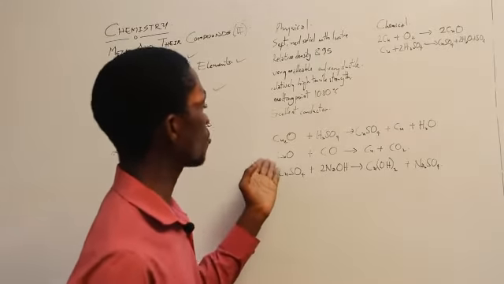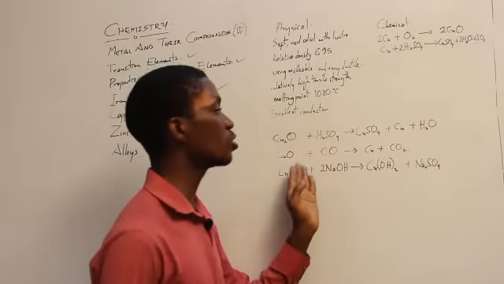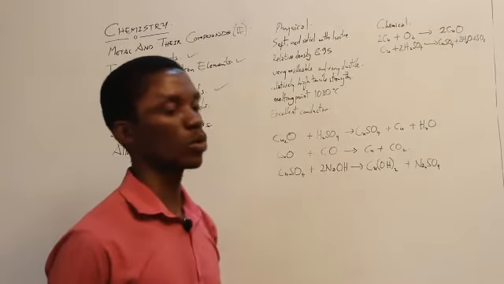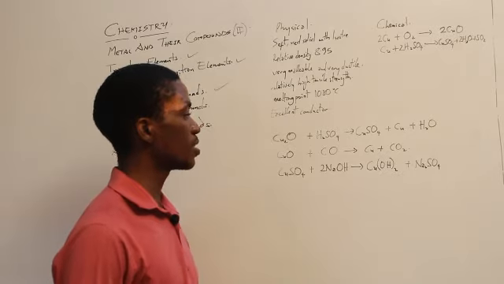But if you use copper 2 oxide to react with the same acid, it will produce just the copper salt and water.